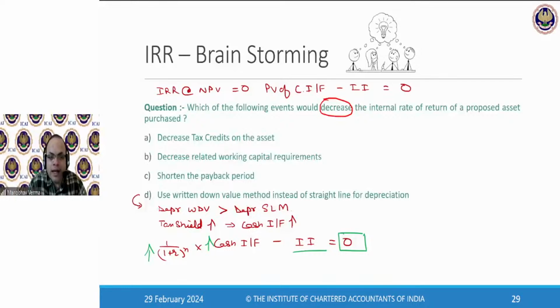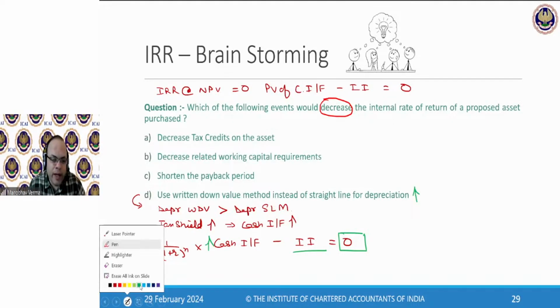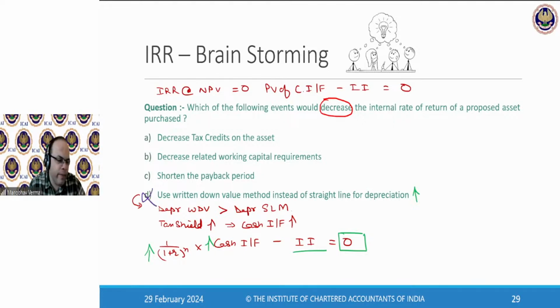So this will actually increase the rate of return. The question was decrease, and hence we can safely say that this is definitely not the right answer. Option D is cross.